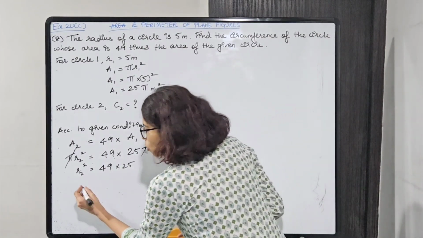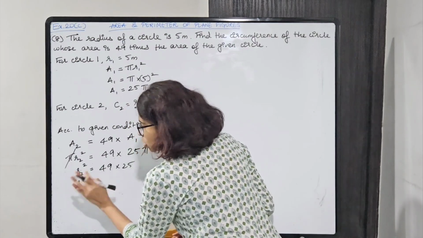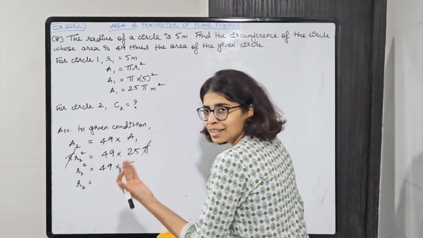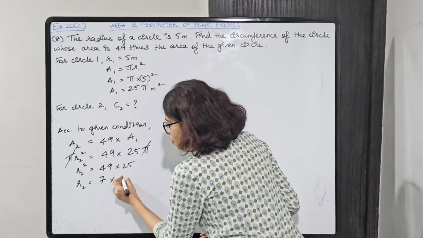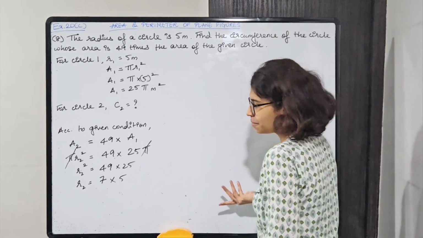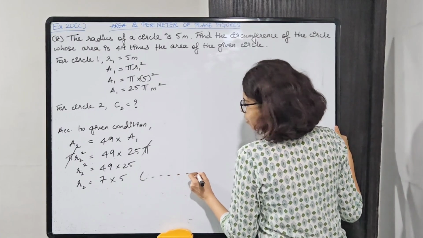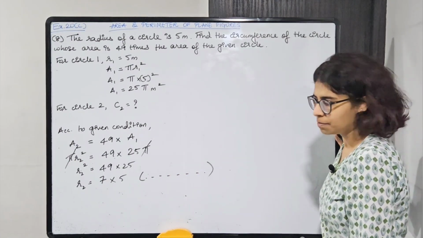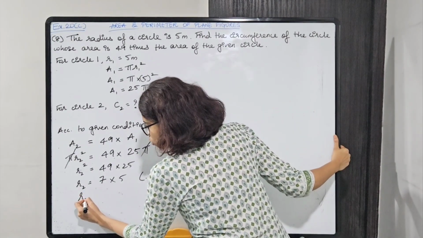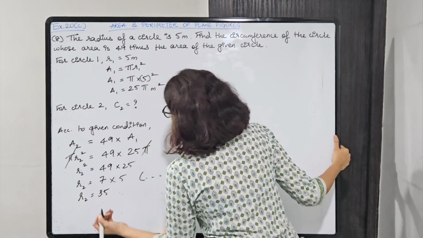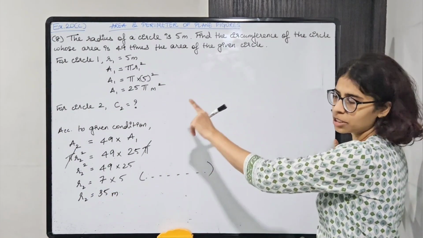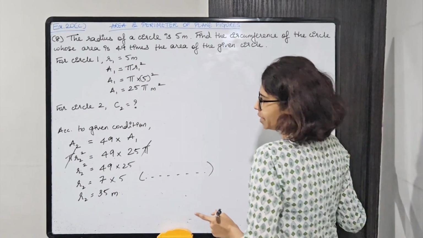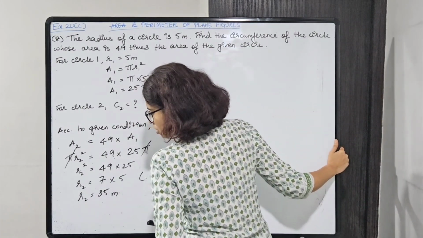So when we take square root on both the sides, this square goes away. Square root of 49 is 7, square root of 25 is 5. Alright. So you have to give reason over here: taking square root on both the sides. So R2 will be 35 meter. Okay, because here it was in meter, so this will also be meter. Alright. So R2 is 35 meter.